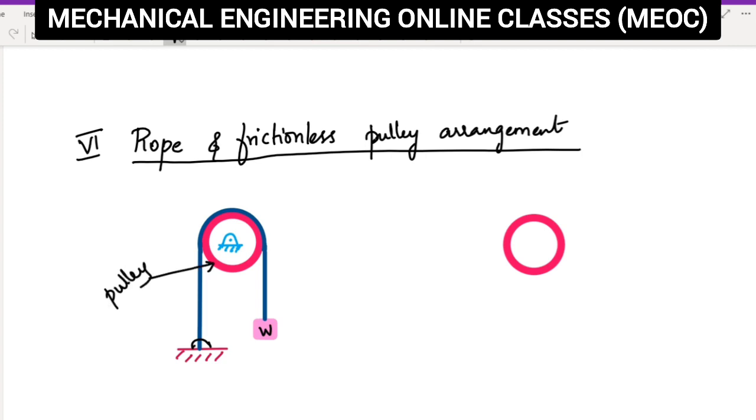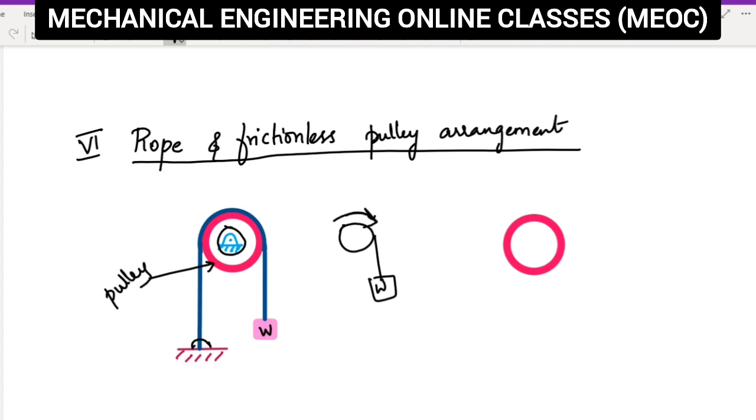A weight is attached onto one side of this rope, and this is the symbol of a pin joint. The object attached to that pin joint is a pulley, and the pulley is free to rotate. Due to the weight, this pulley can rotate.